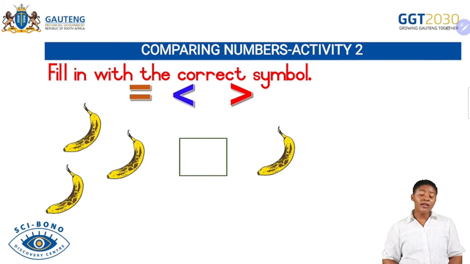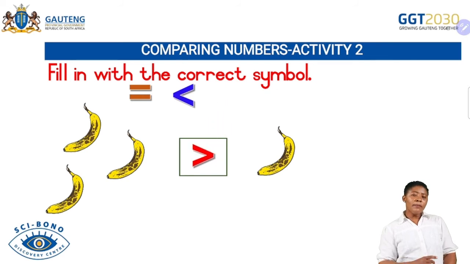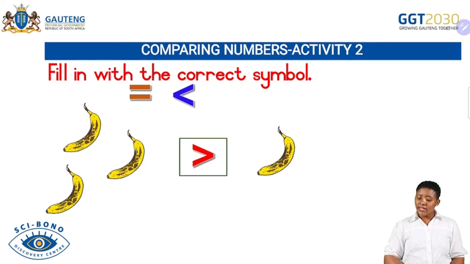Can you see? There are 3 bananas on our left side, and there's 1 on our right side. So 3 bananas are greater than 1 banana, right? There's 1 banana there. Can you see?